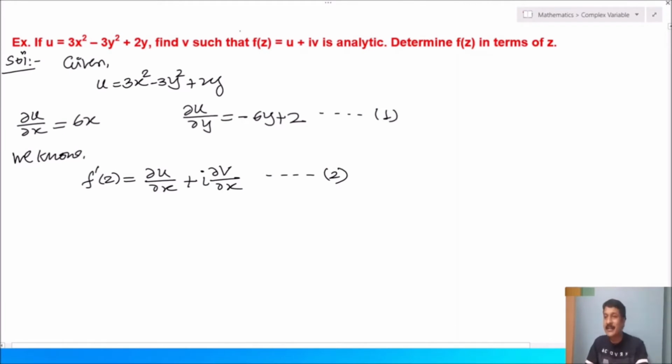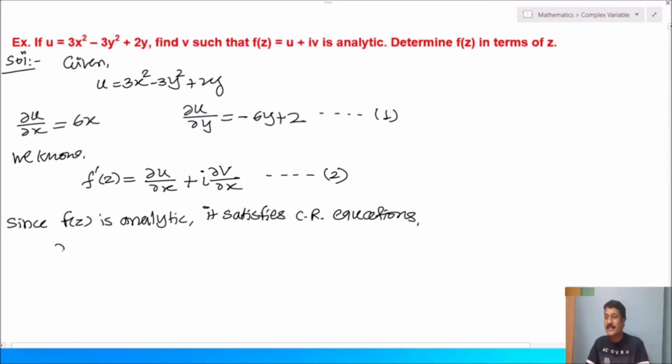By C.R. equation I can replace it. Why? Because f of z is an analytic function. Since f of z is analytic, it satisfies C.R. equations. What are the C.R. equations? Del u by del x equal to del v by del y and del u by del y equal to minus del v by del x.